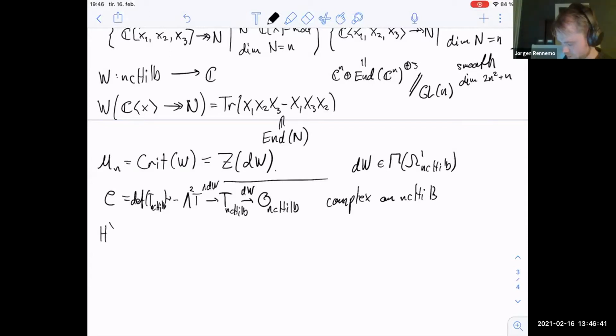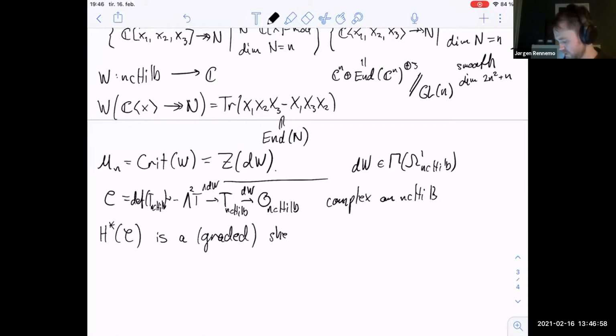It has the nice property that if you take its cohomology sheaves, the cohomological degree gives you a grading.